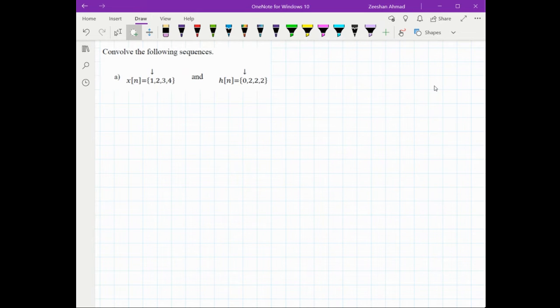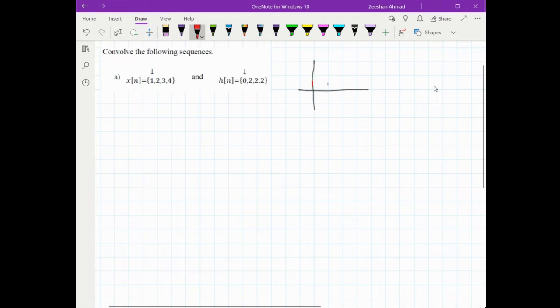My x of n. How is x of n here? x of n means I have a sample. Let me make it bigger, maybe the red one here.